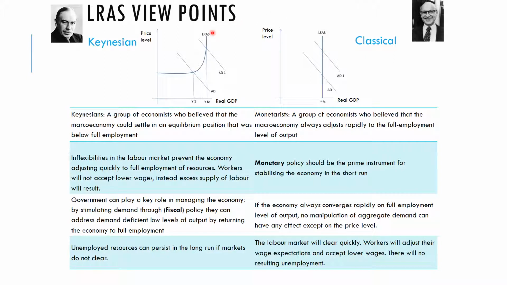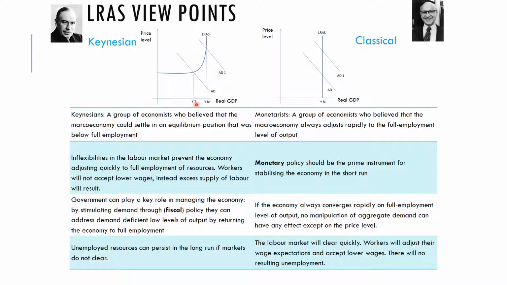The Keynesian view of how the economy works in the long-run supply curve is quite different. In his view, changes in aggregate demand can lead to increases in output as long as the economy is operating below its full employment level of output. Another implication of this is that the economy can stay below its full employment level of output for quite a significant period of time.